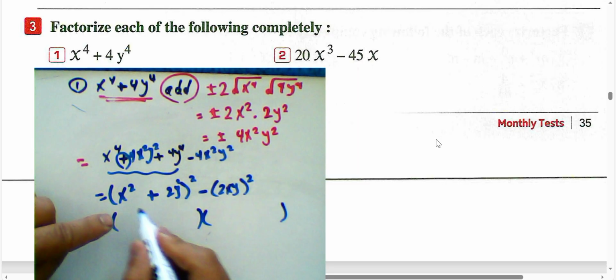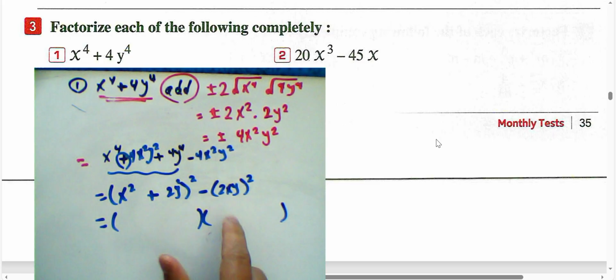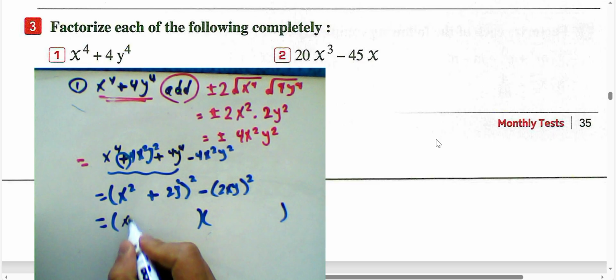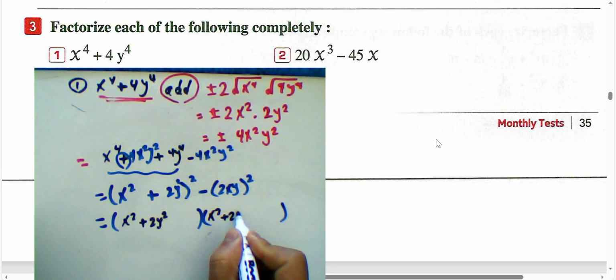Then we repeat the expression, first and second: x² + 2y² and x² + 2y².